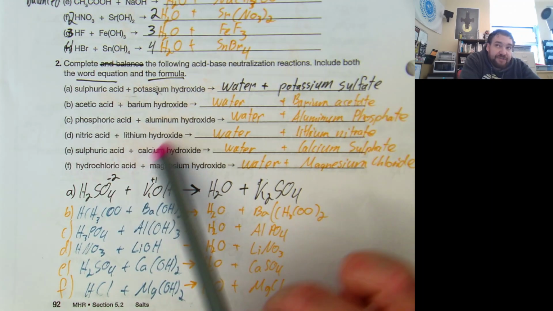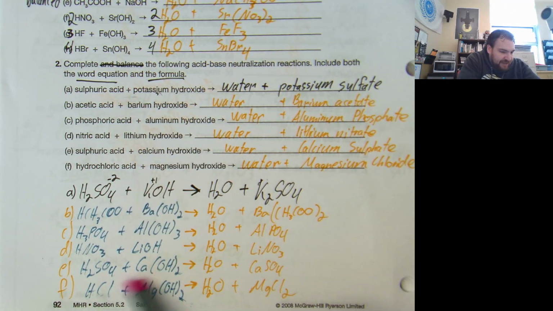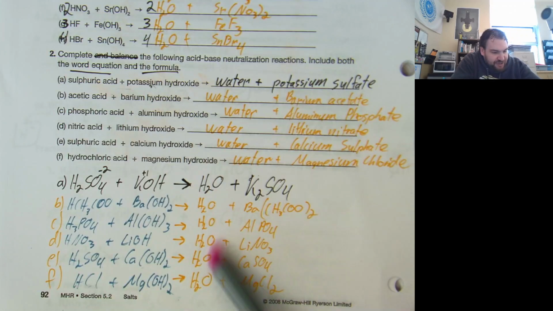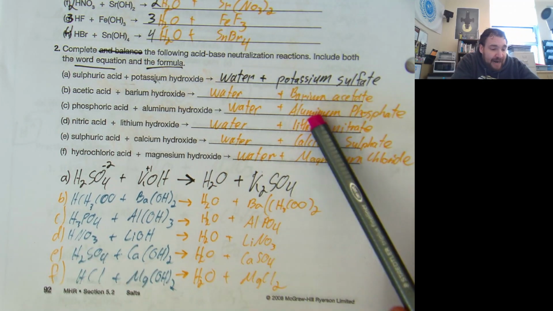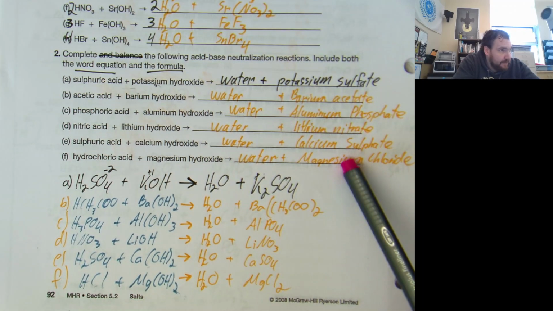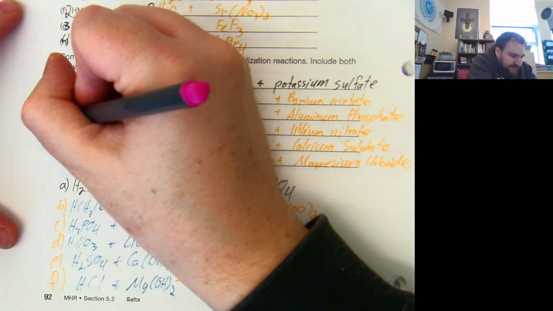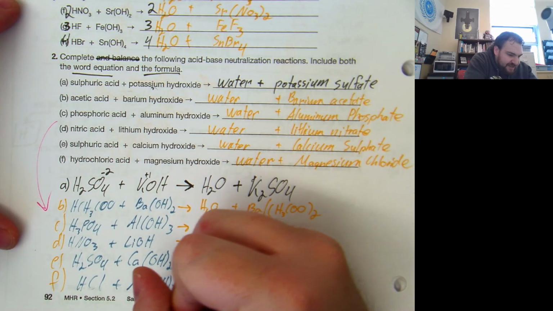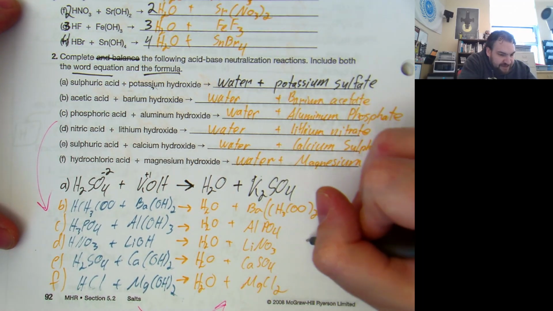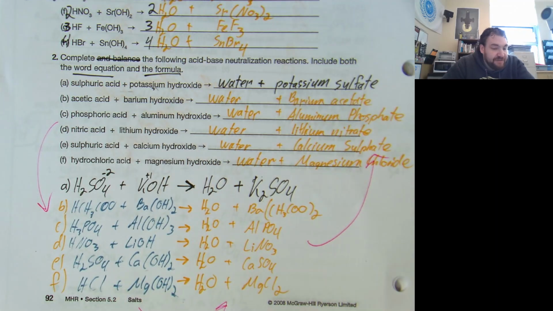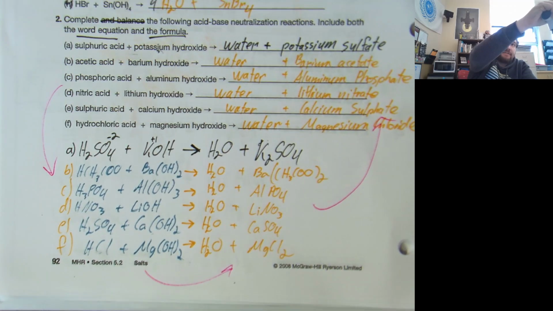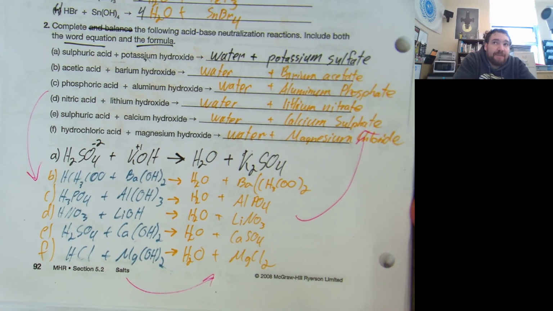So from the words, I built the formulas, and then I built the salts and the water, and then I went back and I gave the names. That's the way to do this kind of question. You go from the acid-base names to the acid-base formulas to the water and salt formulas up to the water and salt names. That's how you tackle questions like this. You did not have to balance.